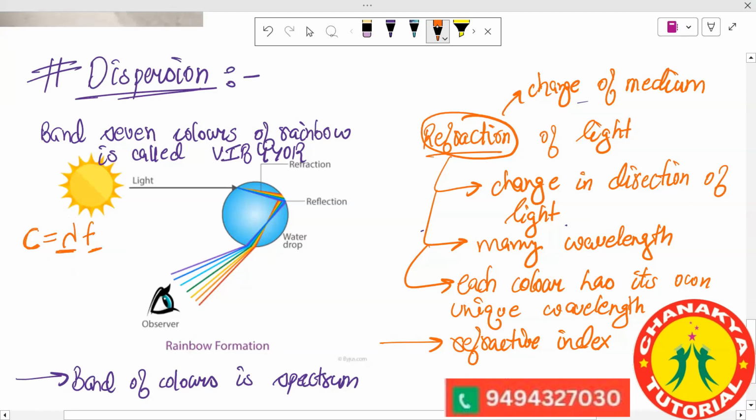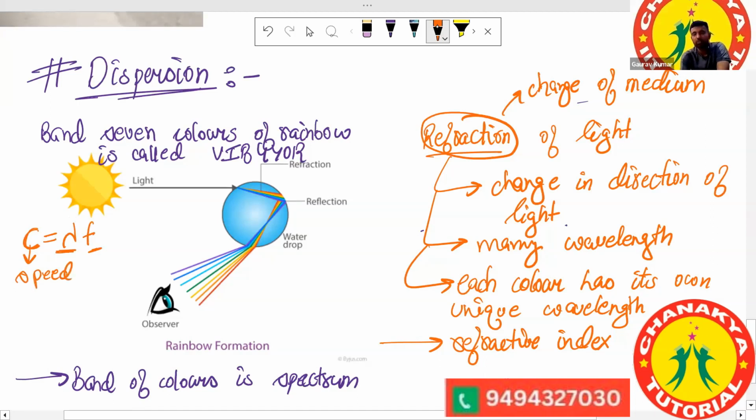So can we also call C the velocity? No, C is speed, because we always talk about magnitude. But light always travels in a straight line, right?